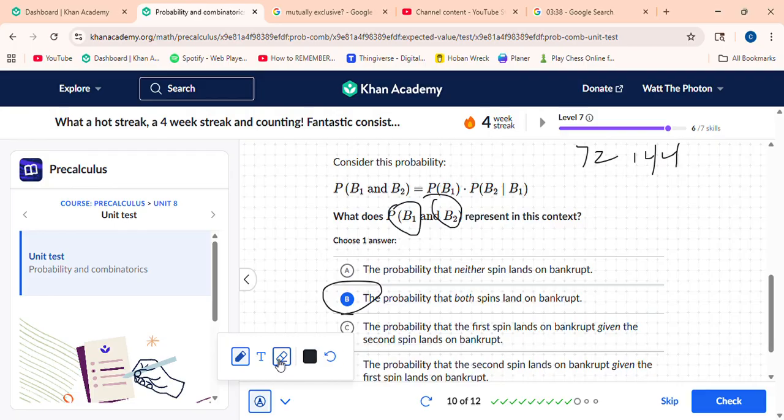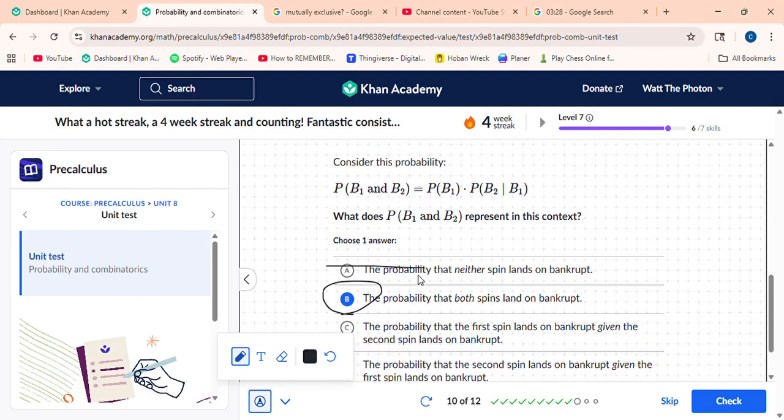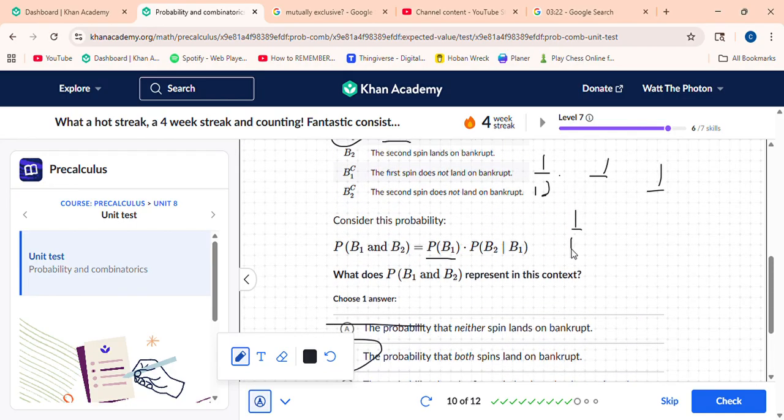It's not going to be A. I'm at 10, so it's like I can't go back. I just can't. Bankrupt 1, that's 1/12 times the probability of 1 and 2.